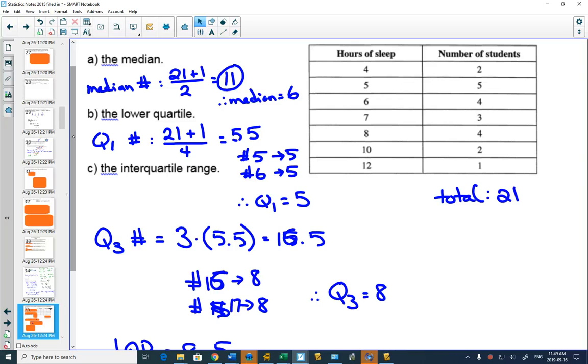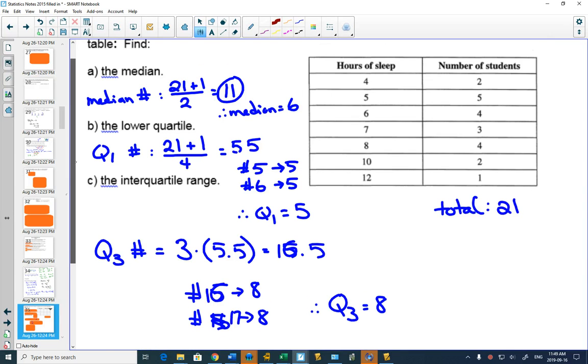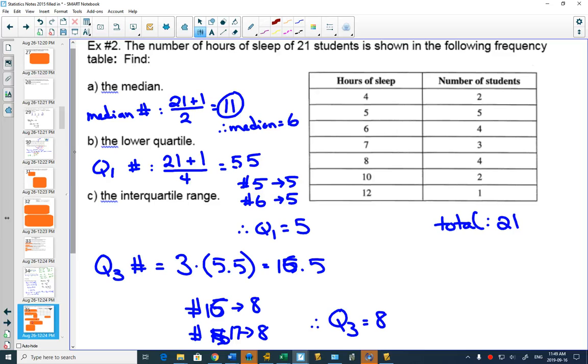So what we have with a frequency chart is when that 4 has a 2 beside it, you could start imagining writing out this data. I'll go up here. I have 2 4s. Then I have 5 5s. This is what it would look like if it was a list of data. 4 6s.